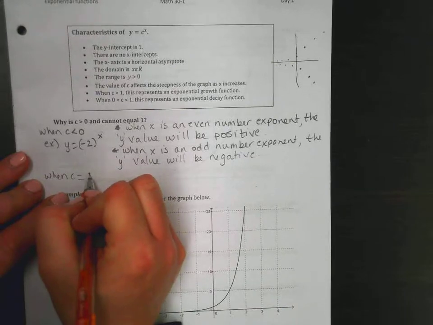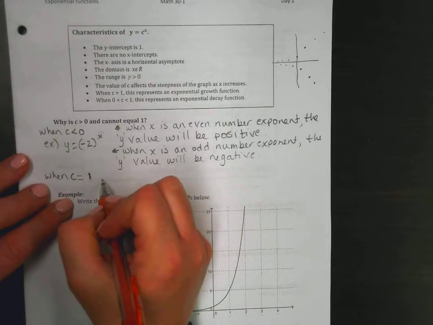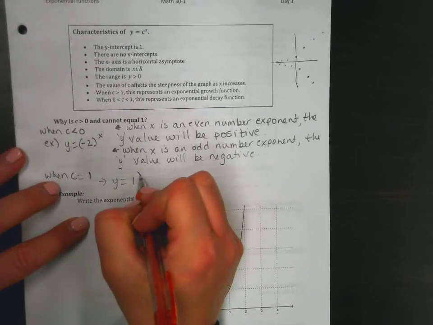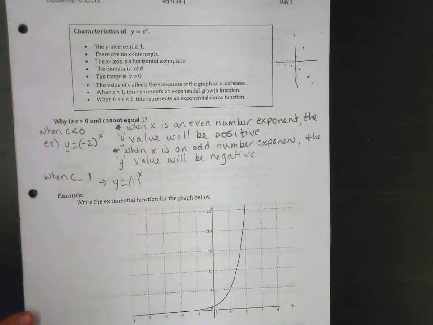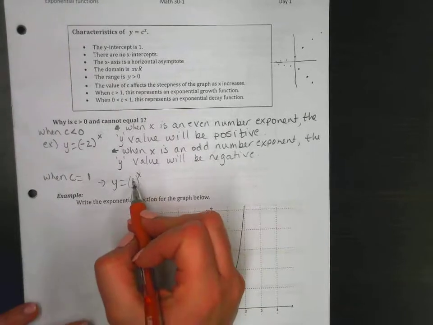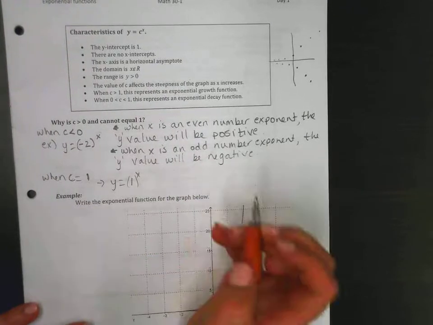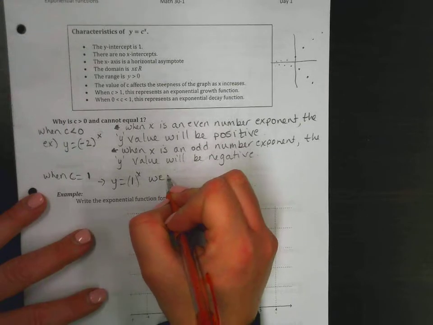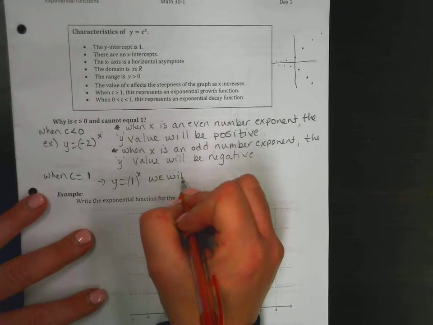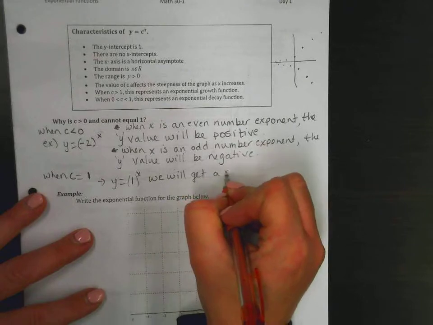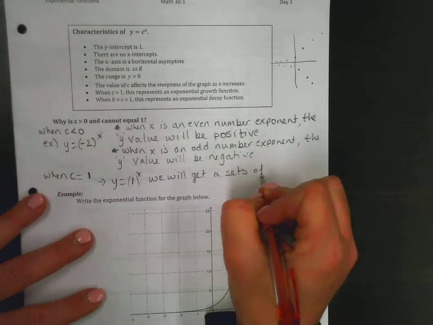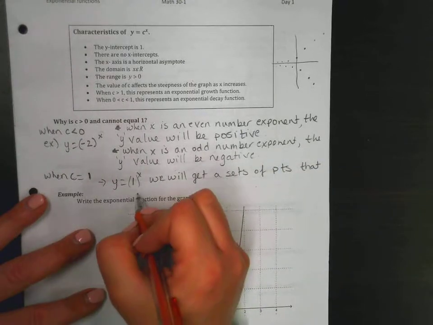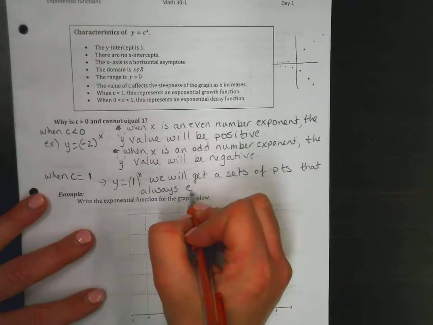Also, when c equates to 1, well, that would mean we would have a function of 1 to the power of x. And 1 to any power will always equate to 1. So what we will get is a set of points that always equates to 1.